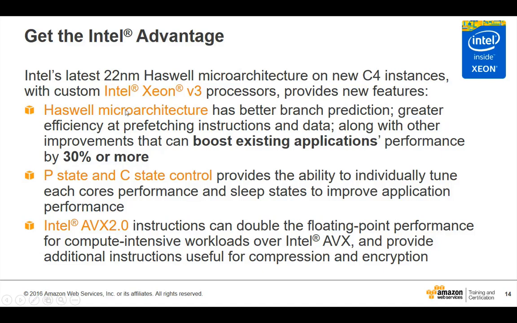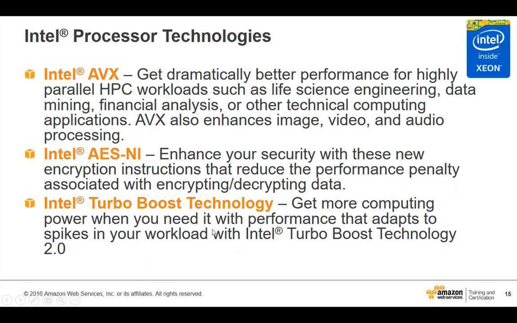We have the Haswell microarchitecture, which is going to boost your applications by 30% or more, P-state control, and Intel AVX2 for handling floating point and compute-intensive workloads. If you're dealing with handshaking, SSL encryption and this kind of thing, you might want to use this type of processor. Or you might want to use Turbo Boost technology, to boost the performance, and it adapts to spikes in your workload if you have a very spiky workload.